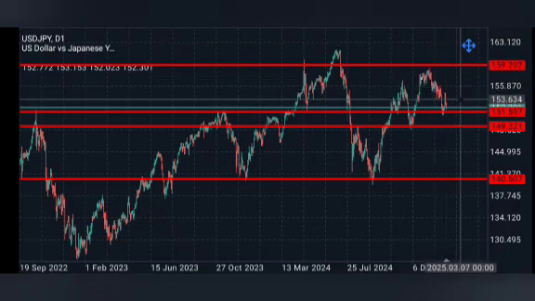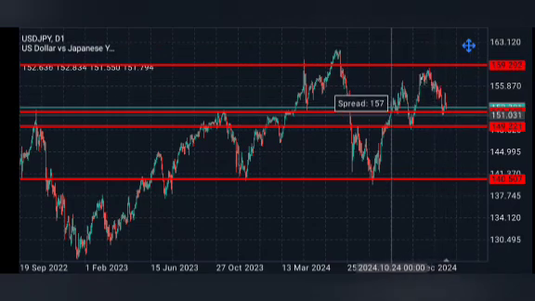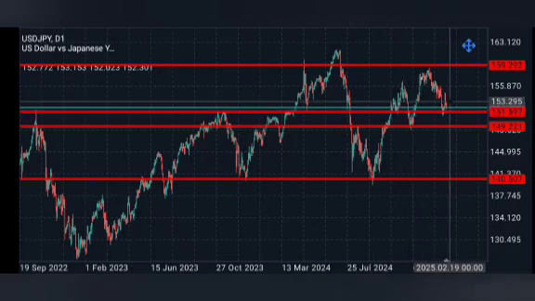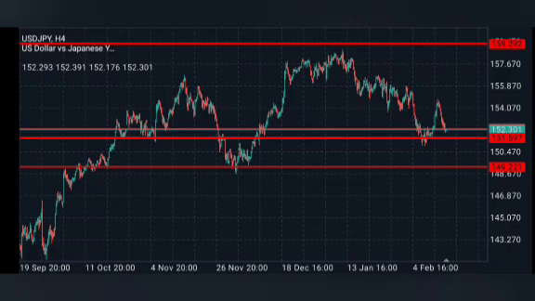So I see it. So move to the lower time frame, which is the 4-hour time frame as well.